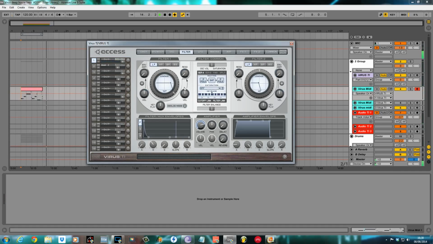We're going to go into the filter section now and set the filters up. These are our main tools for sculpting this sound. The first filter that I use, I changed it to analog mode, kept it on a low pass filter. I put the cutoff back to about 106, 107. I'll change the envelope to negative. I say it's the envelope that really sculpts these sounds. What we're going to do with the envelope, we're going to use it to close this filter up over time.